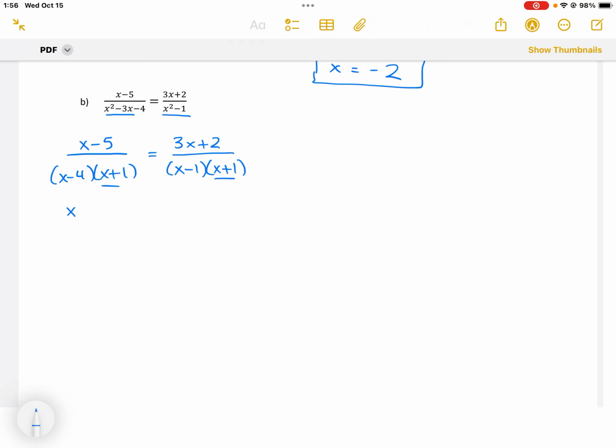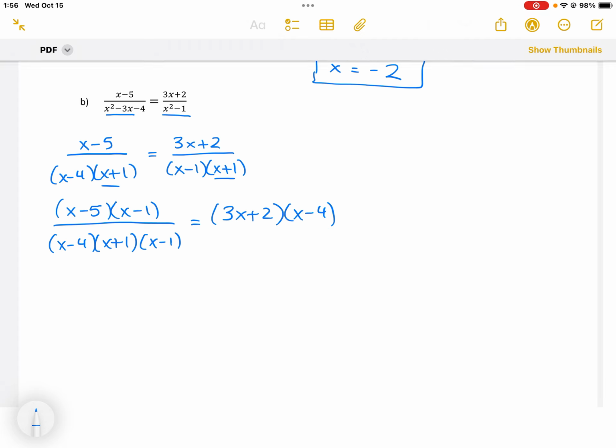On the left-hand side, I am missing x minus 1. And on the right-hand side, I'm missing x minus 4.